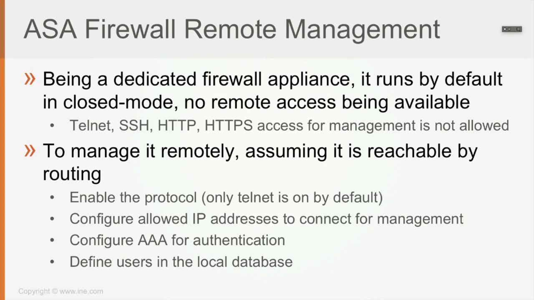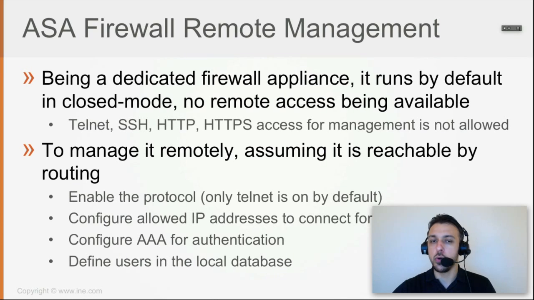Then you also have to configure AAA for authentication. Unlike IOS, where by default you can just configure a password and get authenticated with it, or if you use SSH, configure a username and password, on the ASA you have to configure AAA for authentication. On the ASA there is no AAA old model and AAA new model.